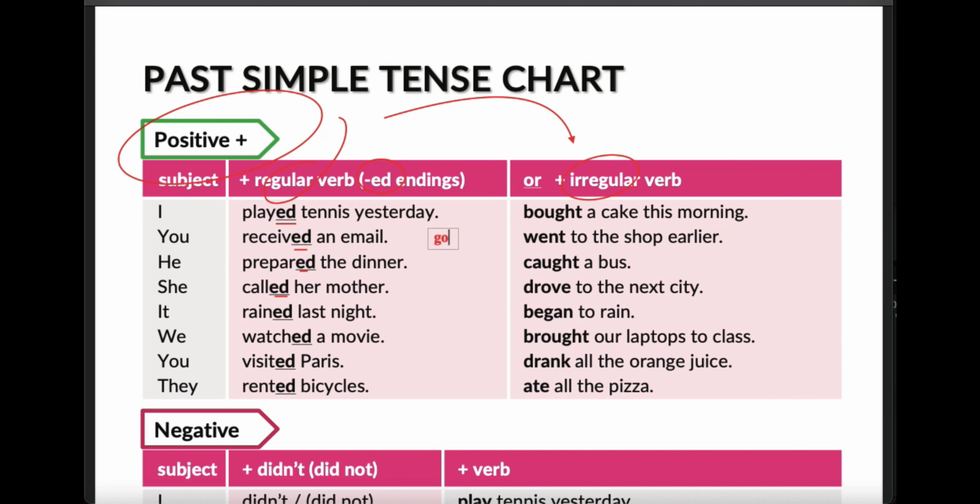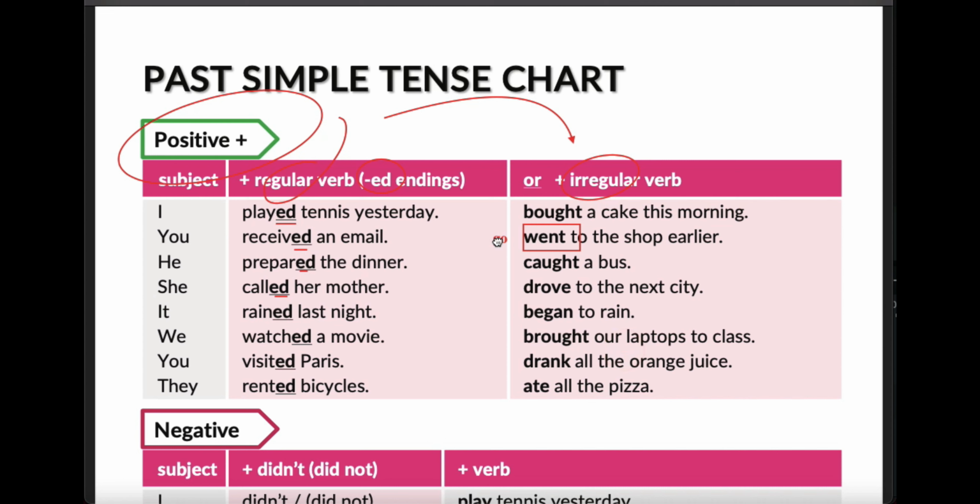Now, I want to say that yesterday I went to the supermarket instead. So, how do we say go in the past? And it's irregular, and we have it right here. It's went. So I can say, I went to the supermarket yesterday instead. My example's kind of weird.